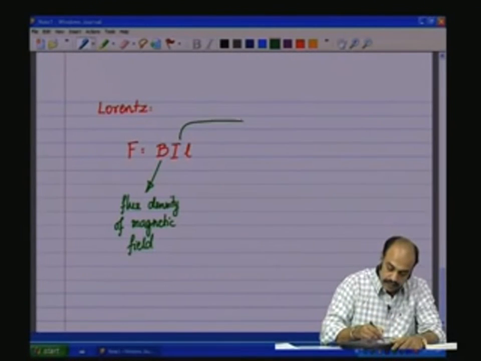And then I is the current flowing through the conductor.